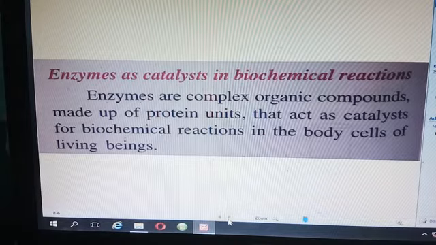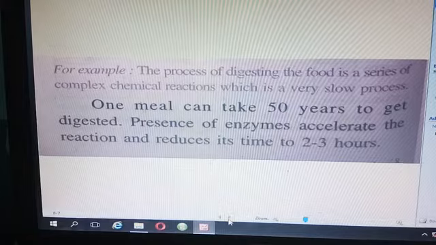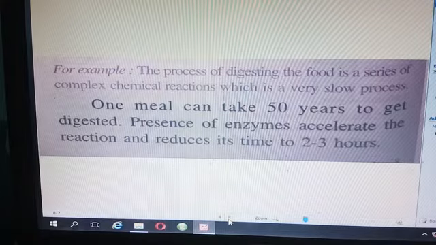Now you can see the process of digesting food is a series of complex chemical reactions, which is a very slow process. Digestion actually is a very slow process.